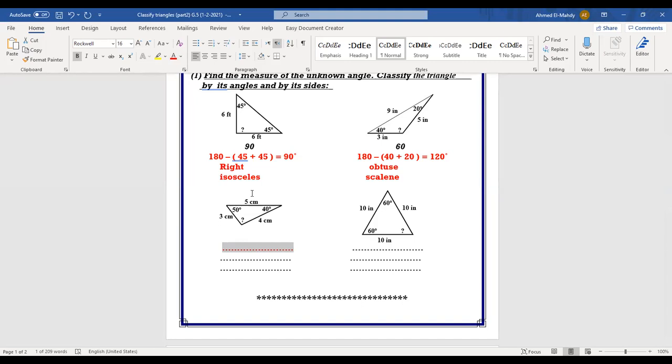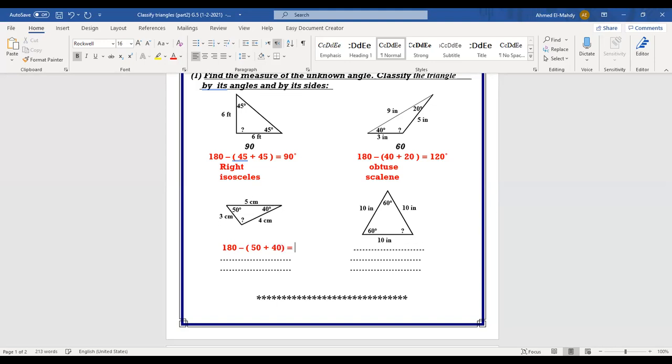Yes, Adi. I want you to find the measure of the unknown angle. You have two angles, 50 and 40. We add firstly then subtract after that.